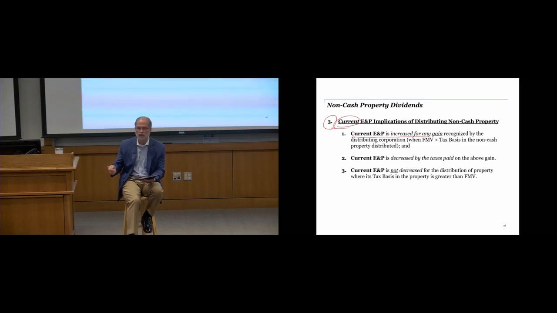I think that's intuitive, right? If I have a built-in gain asset and I realize and recognize it, that has to go into my current E and P. So the gain increases my current E and P.